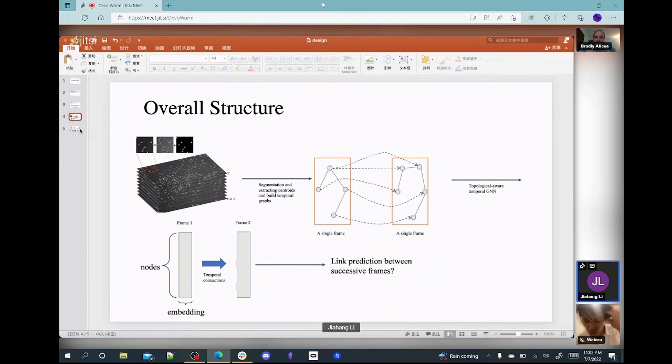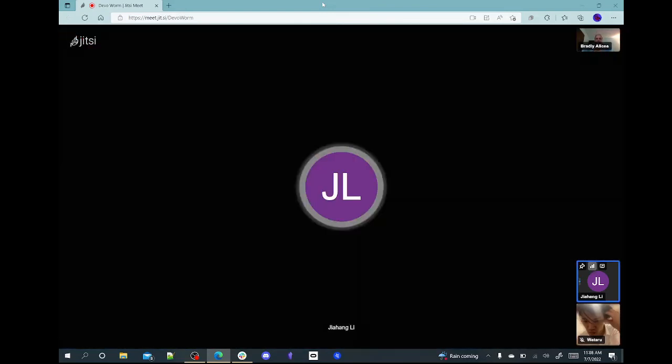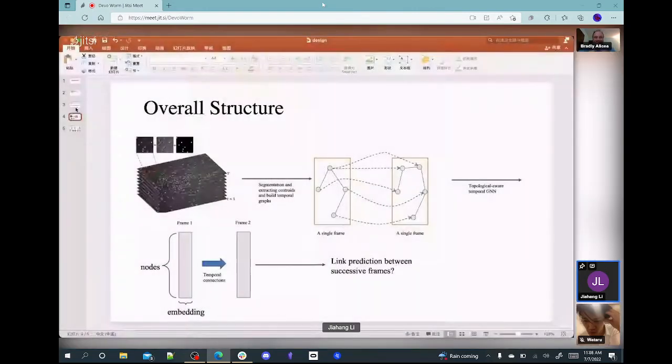Okay. Yes. Because there is little work regarding how to employ graph neural networks on this developmental analysis, and we cannot be sure.